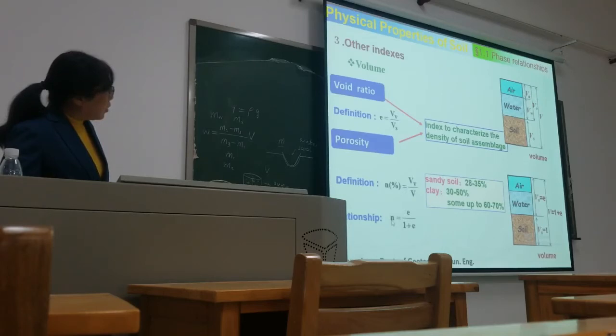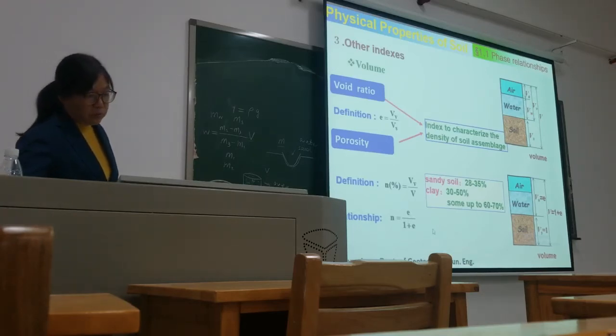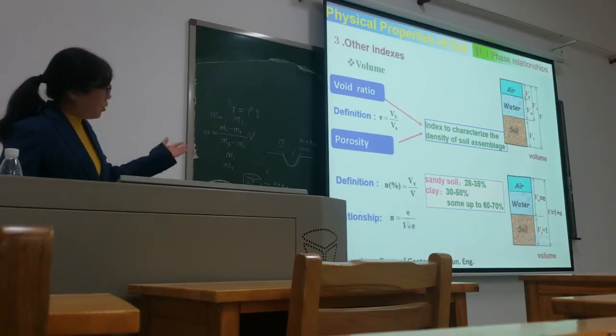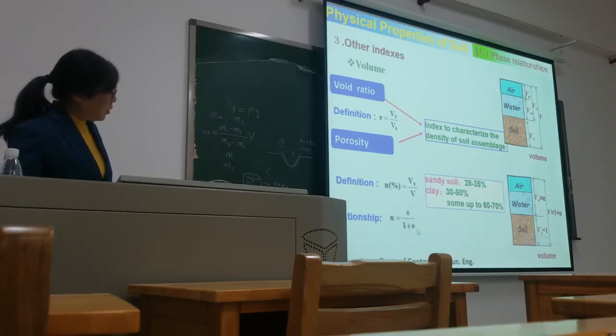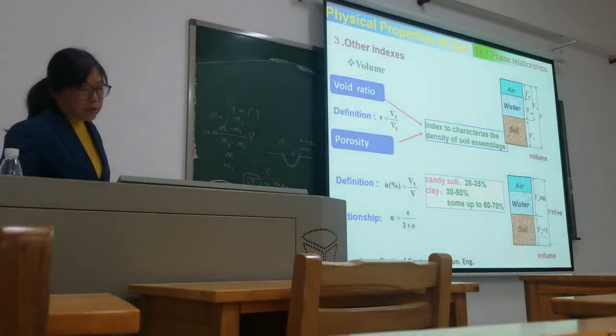The porosity equals void ratio divided by 1 plus void ratio. How to get the equation from the figures?